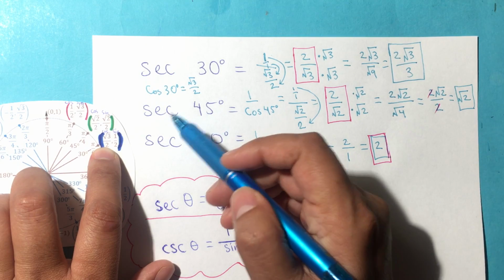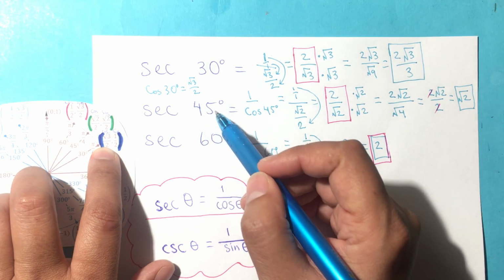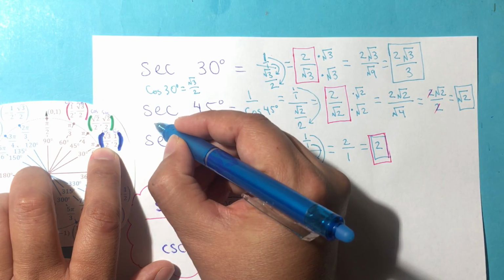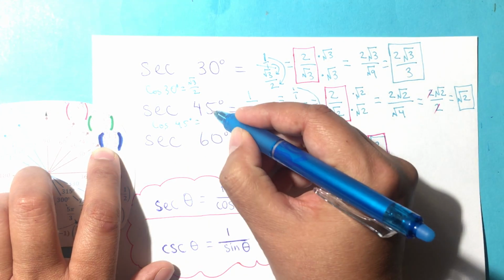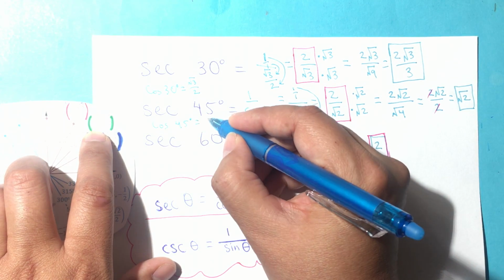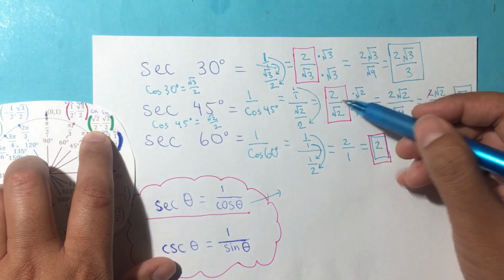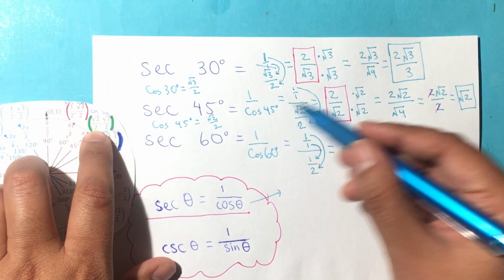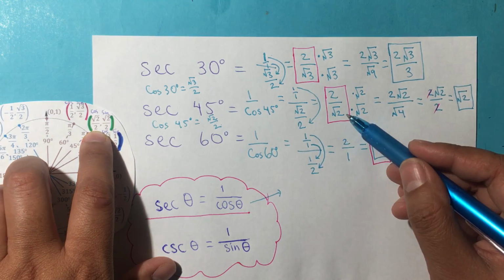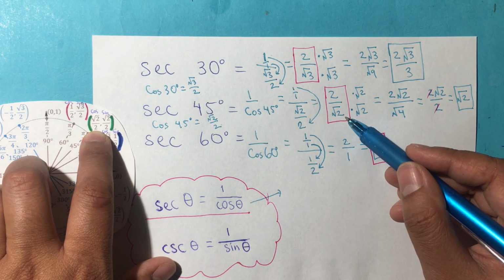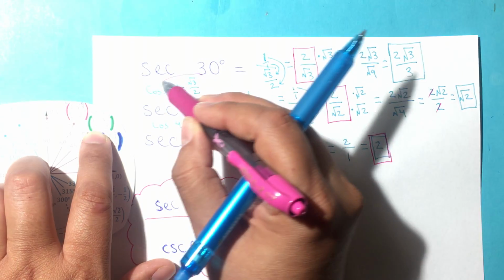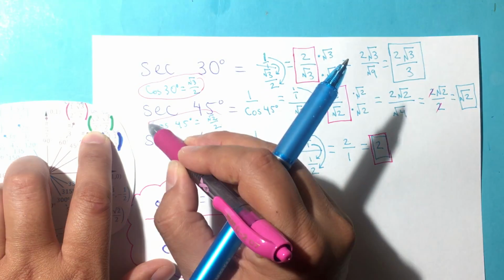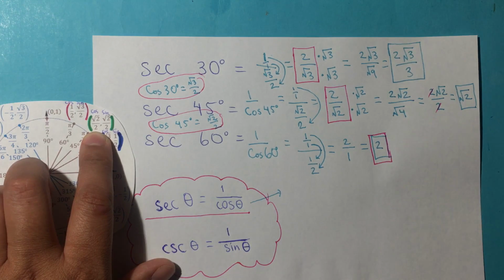Okay, so this is going to be the same thing. The secant of 45 is going to be the reciprocal of cosine of 45. And the cosine of 45 is the square root of 2 over 2. Now looking here, the 2 goes up, the square root of 2 goes down. So they're reciprocal of each other. So you can just see that similarity.